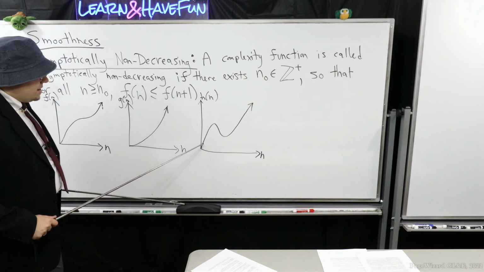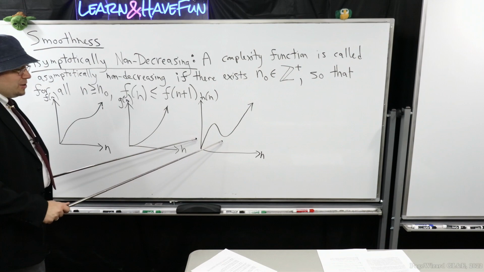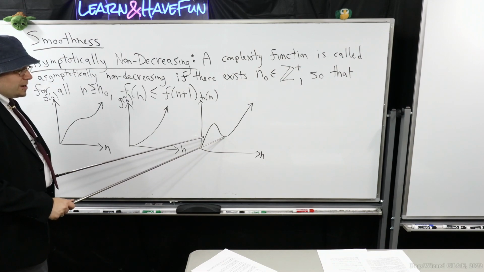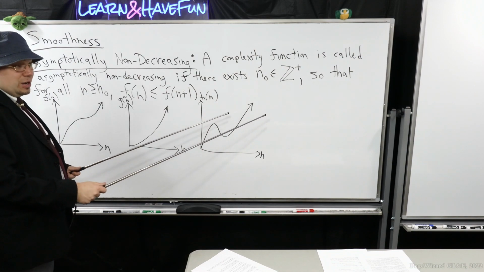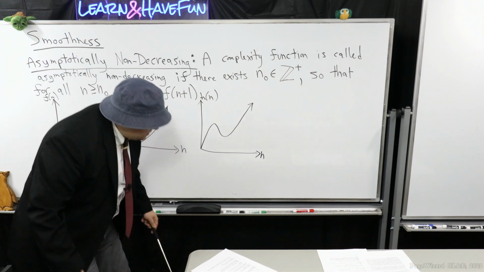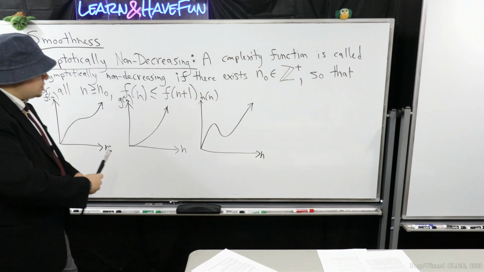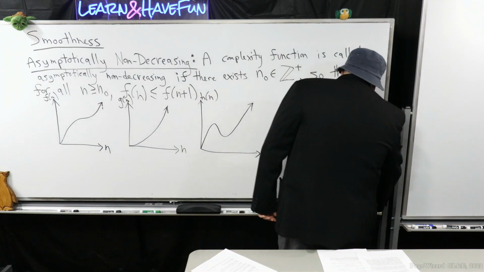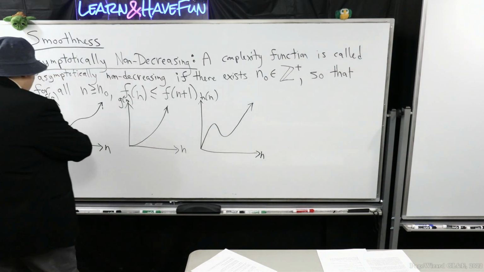Notice that it goes up, it can come back down, but after this point right here and anywhere after this, it goes up and it may even go flat. So the first example is a non-decreasing function. g is an example of an increasing function. And the third one is an example of an asymptotically non-decreasing function.